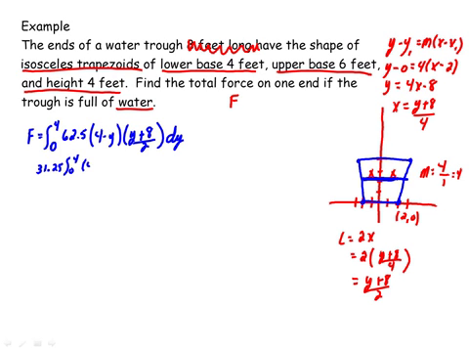Now, we're going to have 4 minus y times y plus 8 dy. Do the algebra. When you pull this out, what do you get? Negative y squared minus 4y plus 32 dy. So there's your algebra. That's just the full method.